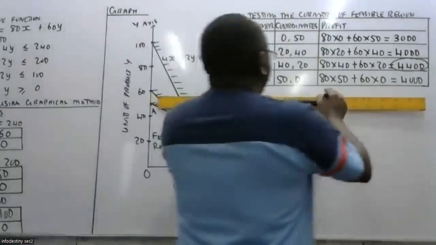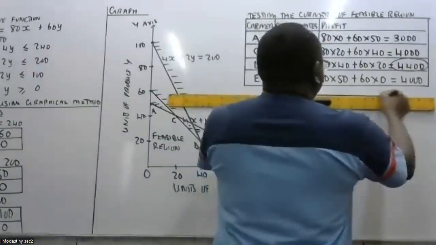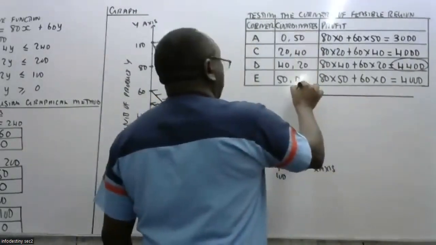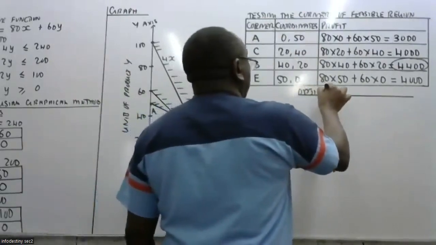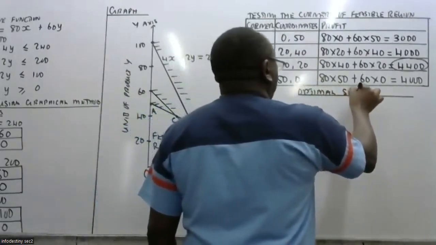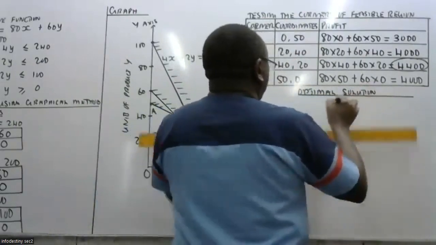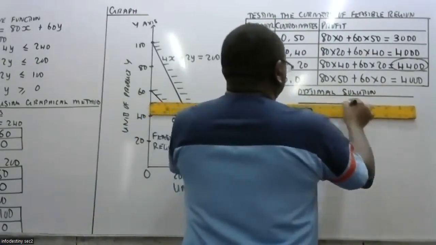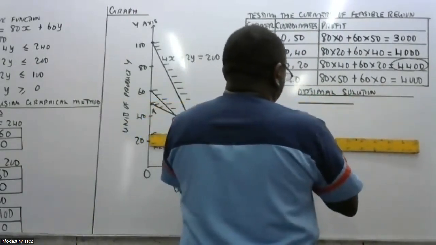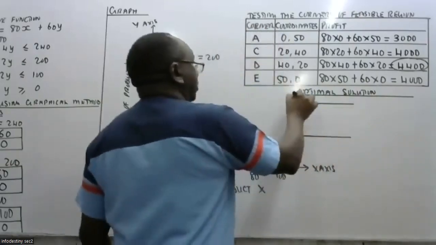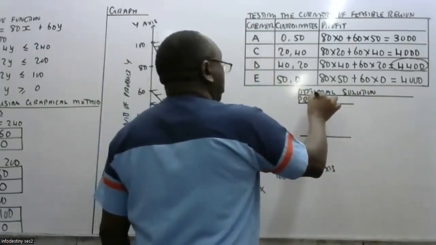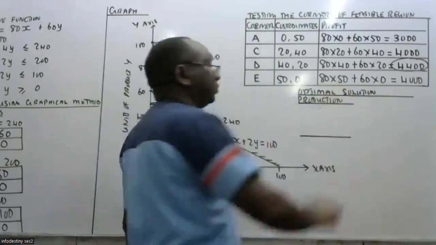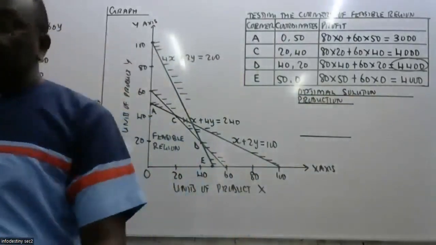So with that, you now tell us the optimal solution. I've told you it has two things. One, you should tell us production.